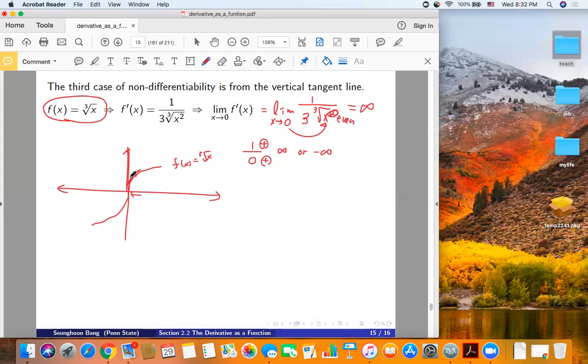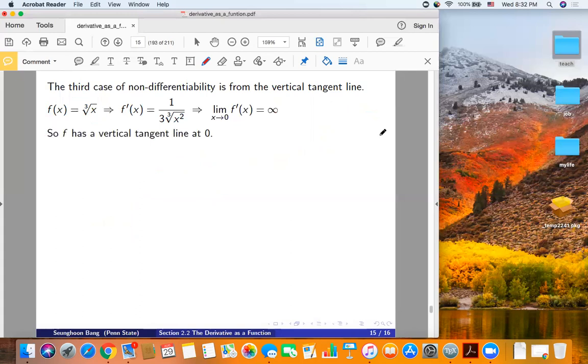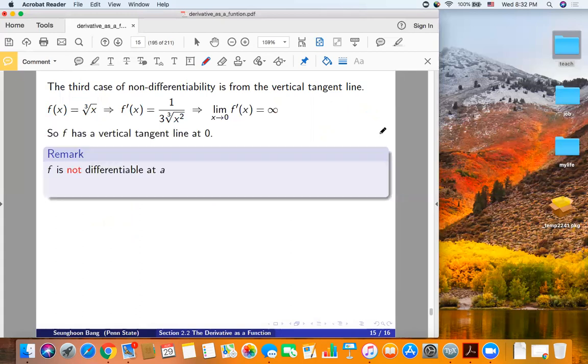The tangent line is exactly the y-axis, a vertical tangent line. Same, you can choose this point, and this tangent line. Move toward 0. What happens? The slope is increasing, increasing, increasing, going to positive infinity. Exactly a vertical tangent line, like this. So we have this result.